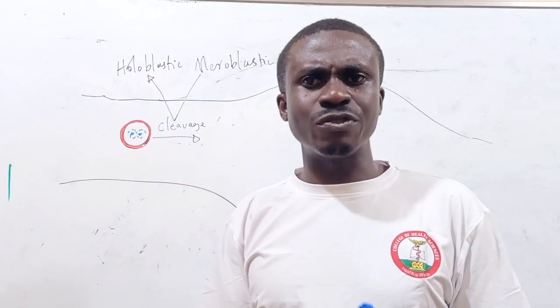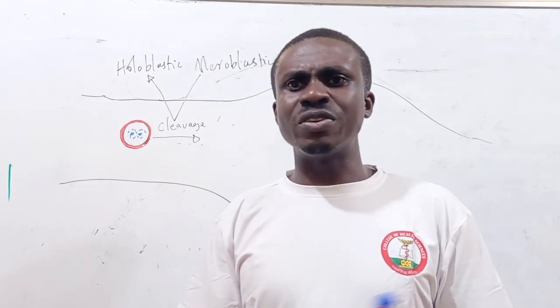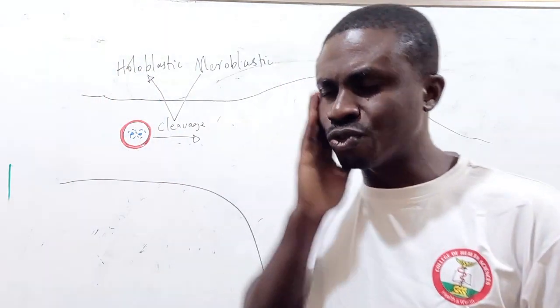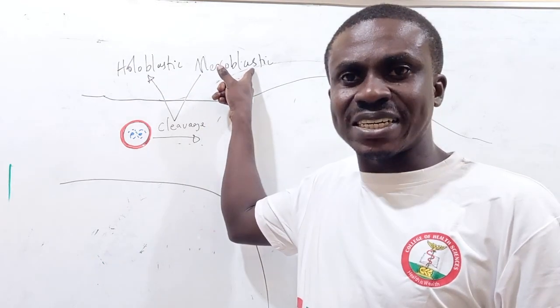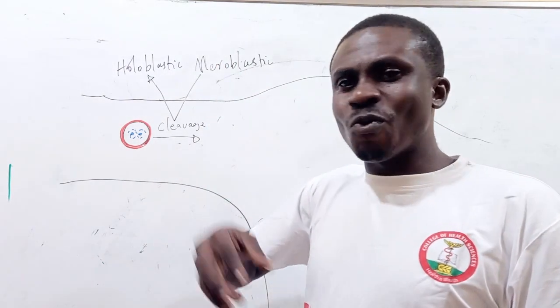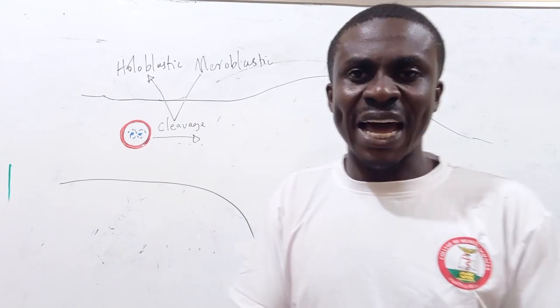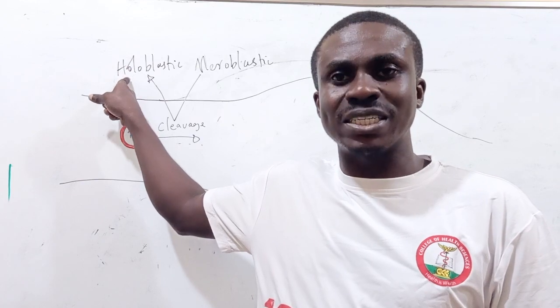Now even studies have shown that flatworms and earthworms go through this kind of holoblastic cleavage. Now that's what I want you to be aware of. If it is meroblastic, then it means that the quantity of yolk in there is very large, opposite to what we find in the case of holoblastic.